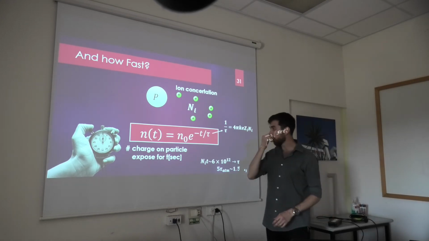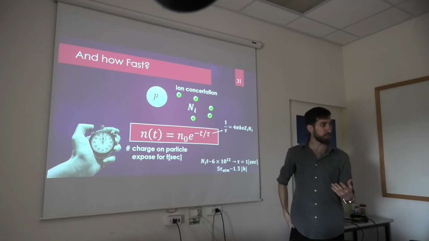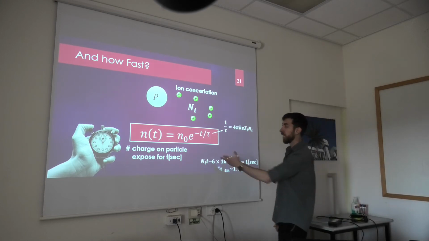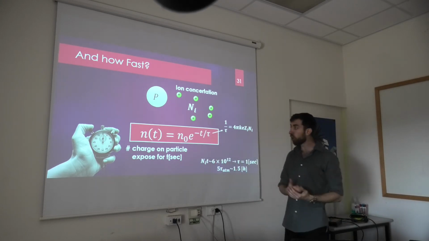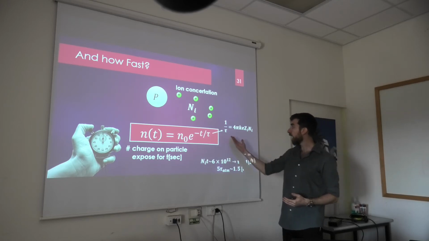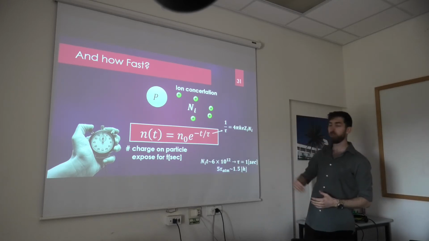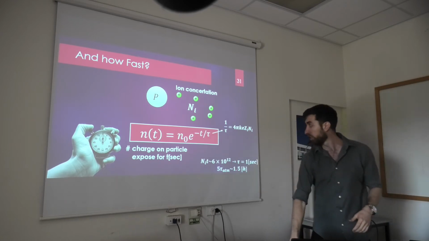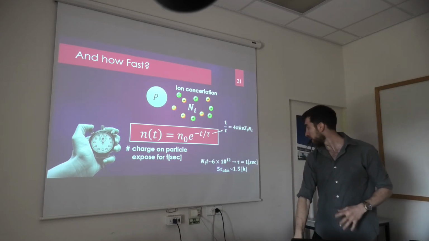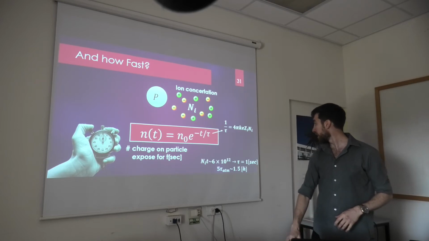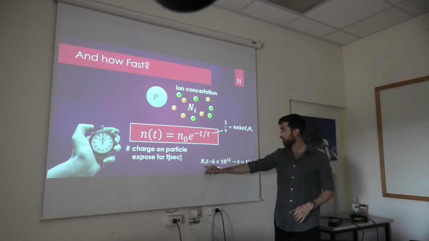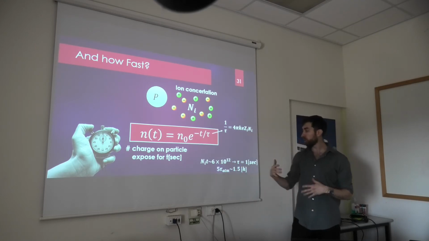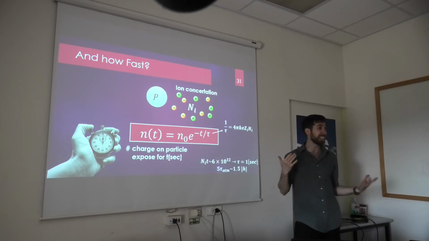So I already told you that this is a time phenomenon, to neutralize charges or to charge particles. So we have some exponential decay in the charge, and we have this time constant, which again is related to the mobility and the concentration of the ions. If you have N times t approximately equal to 6 multiplied by 10 to the 20, this mechanism is going to take around a second.